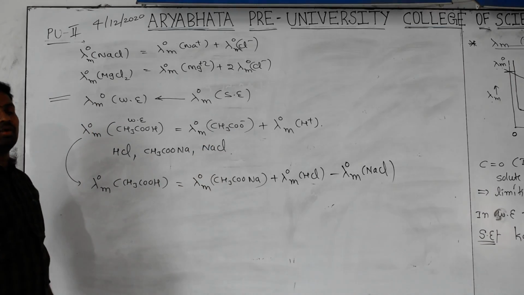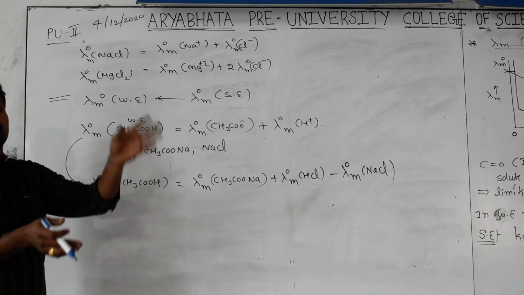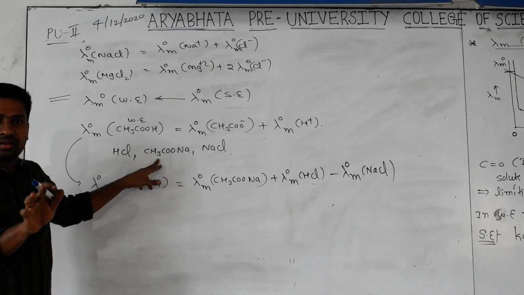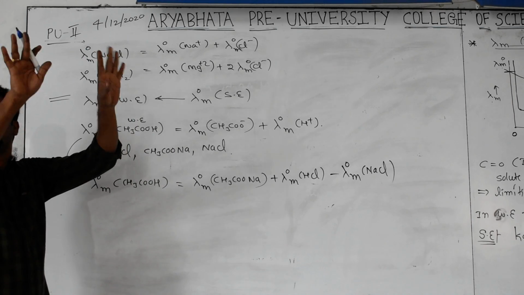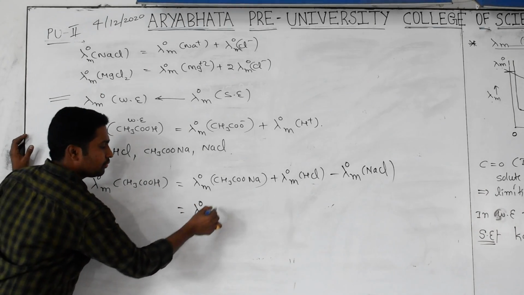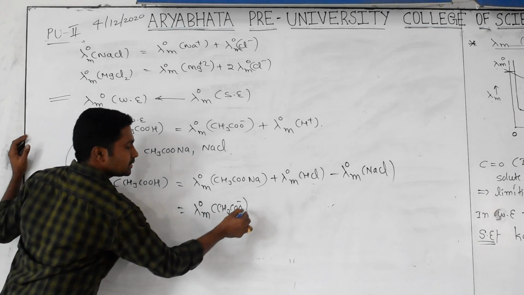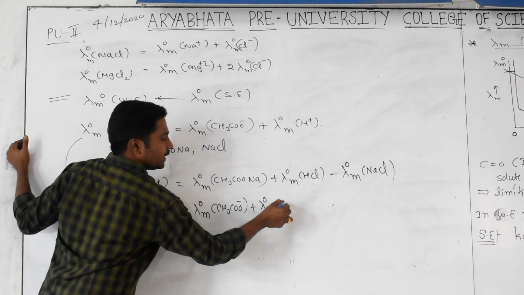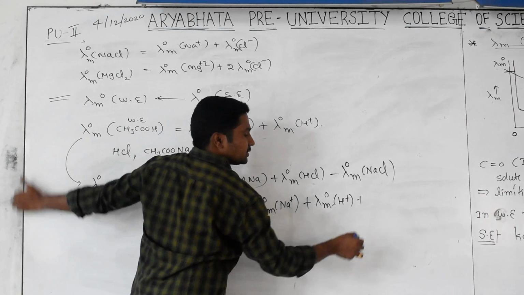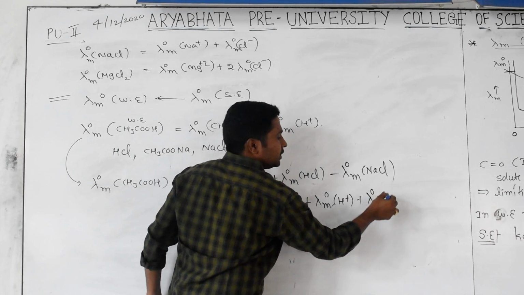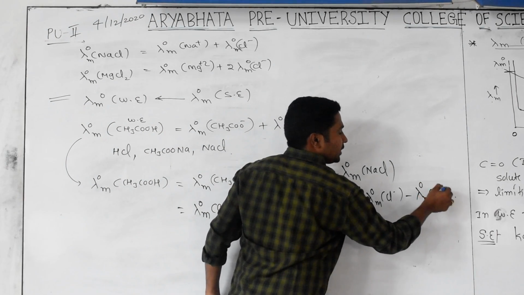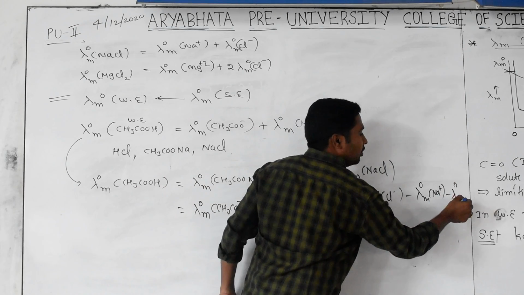That's what Kohlrausch told. What we are saying is that irrespective of its origin, whether a particular ion comes from acetic acid or sodium acetate, it is not a matter. The acetate ion at infinite dilution has a particular, fixed value. Do this one. Lambda naught m of CH3COO minus plus lambda naught m of Na plus, plus lambda naught m of HCl, decomposing as H plus and Cl minus, minus lambda naught m of Na plus minus lambda naught m of Cl minus.